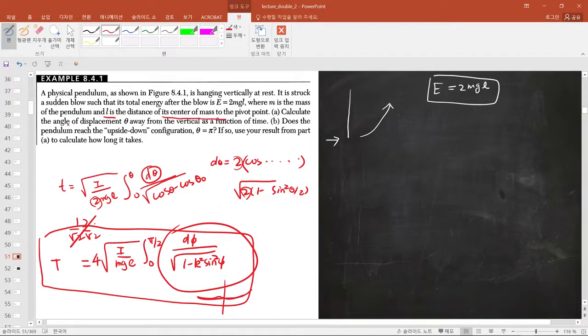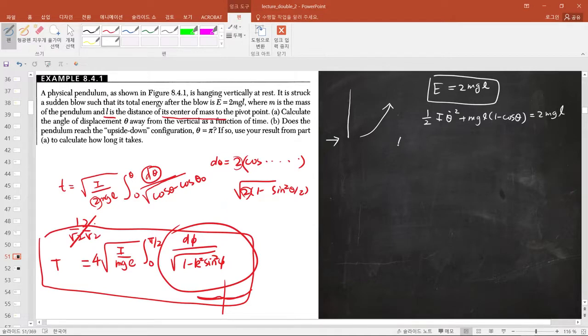This is a large angle oscillation, and we can just go through this. The energy equation is 1/2 I theta dot squared plus mgl times 1 minus cosine theta, kinetic plus potential energy, which is now 2 mgl.